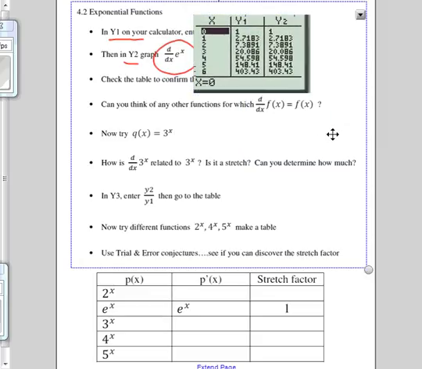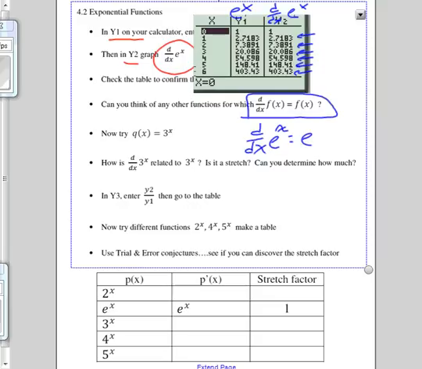So what this confirms: here we have e to the x, and here we have the derivative of e to the x. And we notice for all values of x, the derivative is the same thing as the function itself. So in other words, we just confirmed that the derivative of e to the x equals e to the x.